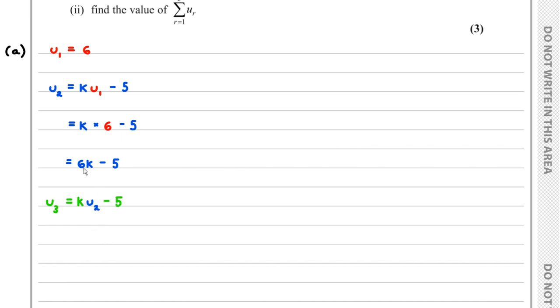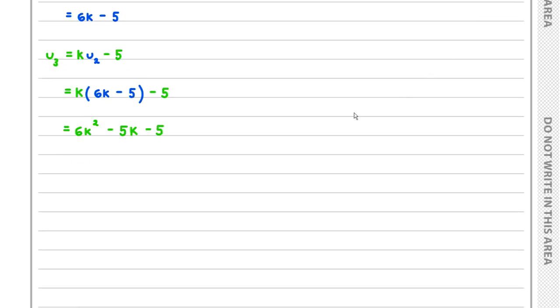So, knowing that u2 is 6k subtract 5, we have k multiplied by (6k subtract 5) subtract 5, and therefore u3 is equal to 6k squared subtract 5k subtract 5. We know that u3 is equal to negative 1, so we have 6k squared subtract 5k subtract 5 equals negative 1. And if I simplify this, you will find we have 6k squared subtract 5k subtract 4 equals 0.